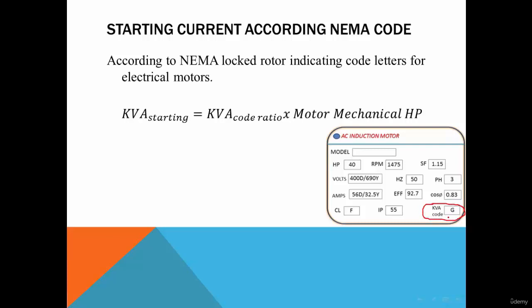This kilovolt ampere code, like this, is called G. Then after that we are going to get a value of the code ratio, put it right here and multiply it by the motor mechanical horsepower, which is also given by the nameplate of the motor, and put it right here in this equation. At the last we are going to get the value of kilovolt ampere of the starting current.